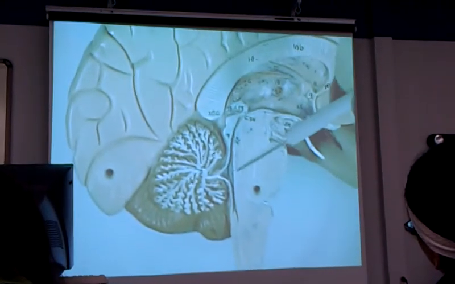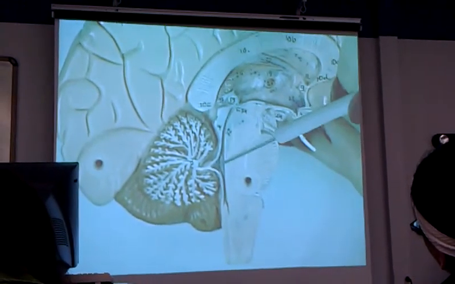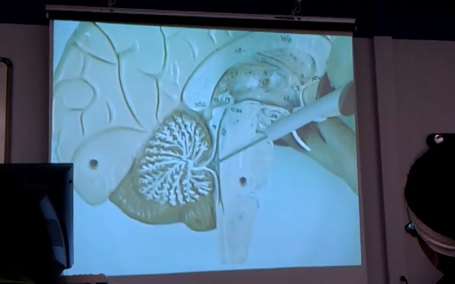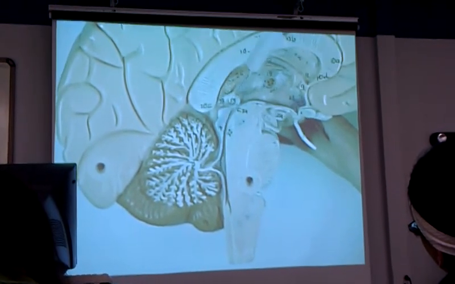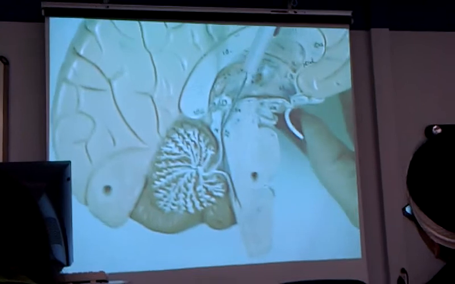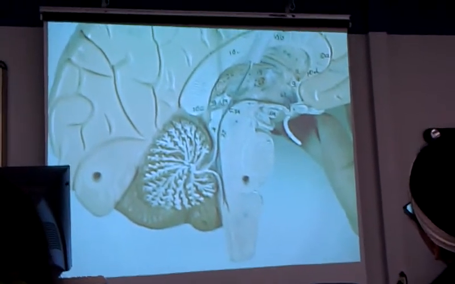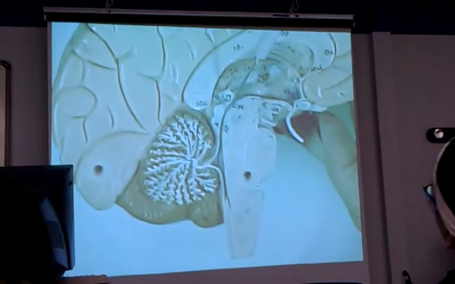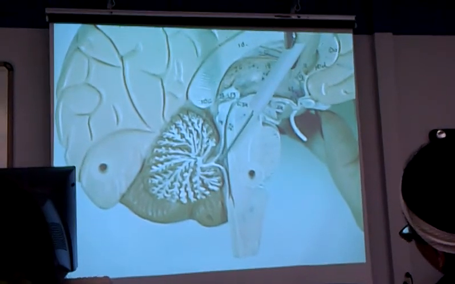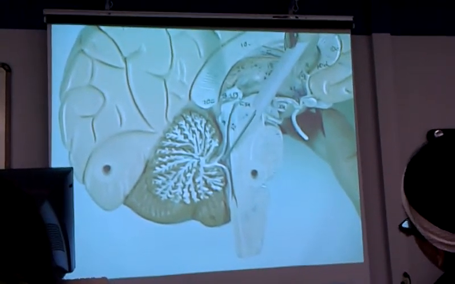This little area right here, this is not well done, but that would be the fourth ventricle. And again, the passageway that connects it is the cerebral aqueduct. So third ventricle, cerebral aqueduct, fourth ventricle.